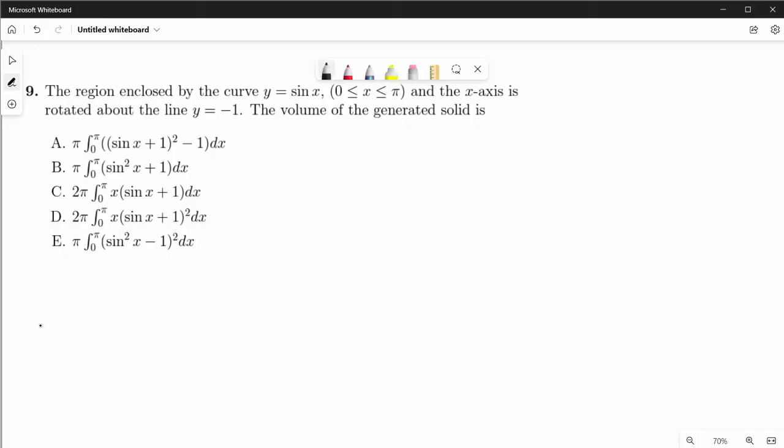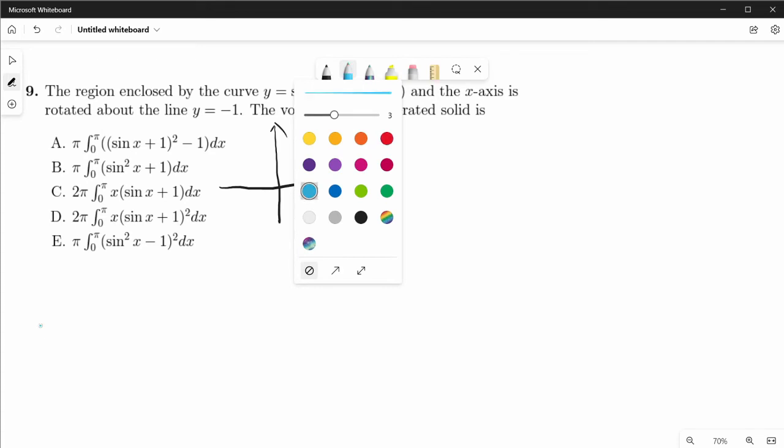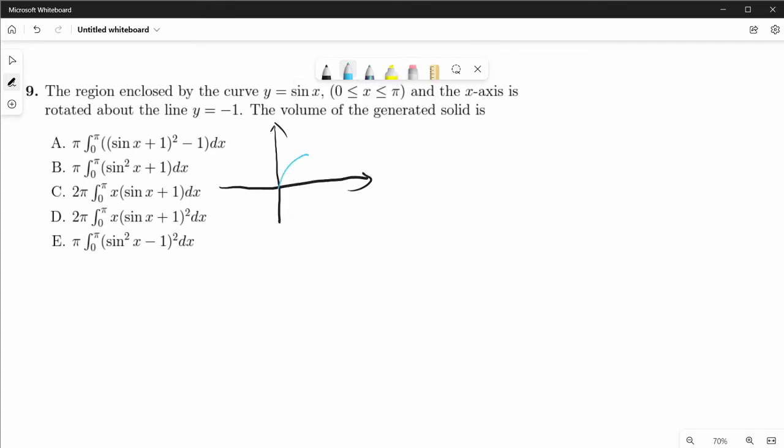For question 9, we're given y equal to sine x with x bounded from 0 to pi, and that is revolved around y equal to -1. So first, draw it. We have sine, which starts from 0, 0, going to pi, which ends here back at 0.